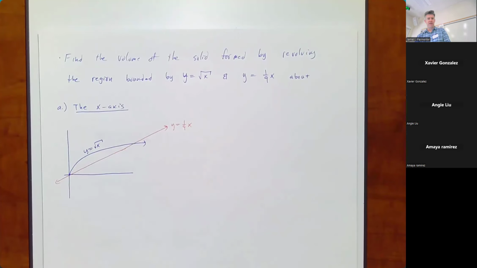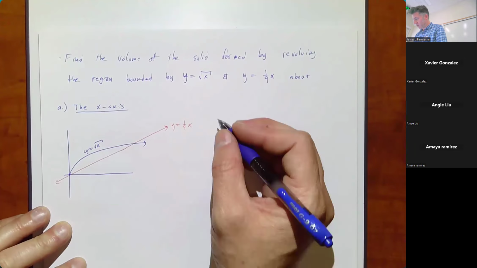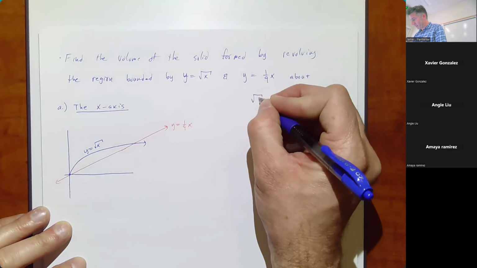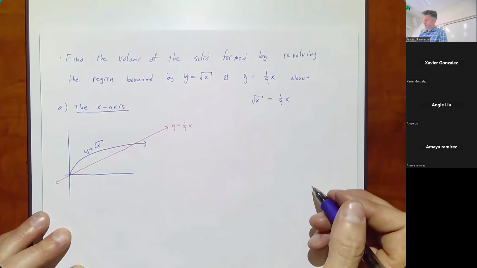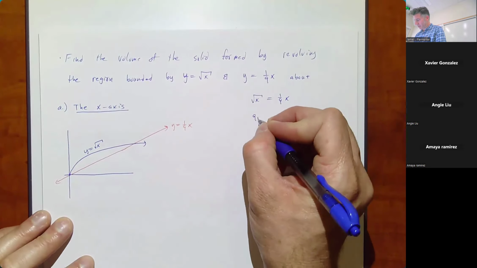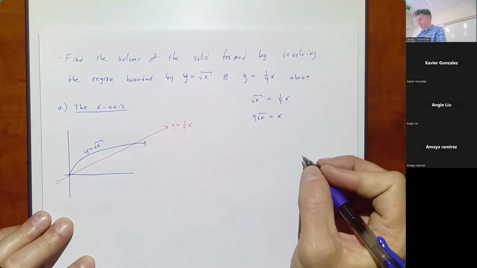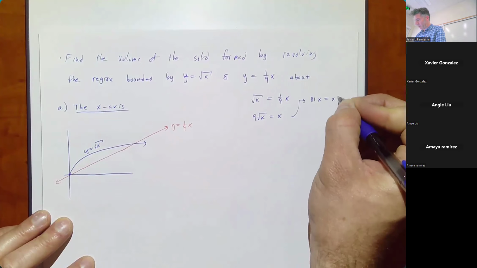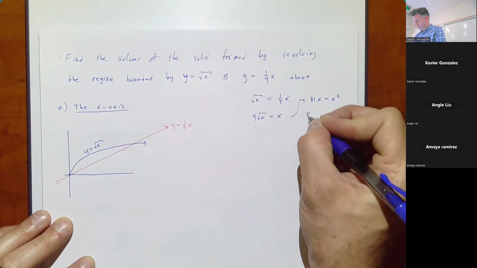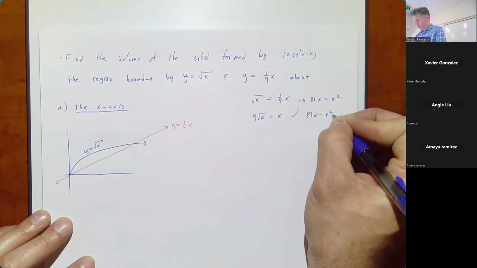And we could certainly find where they intersect. I actually don't know where they intersect. So here it might be worthwhile to just set them equal to each other. If we set square root of x equal to 1/9 x, I would multiply both sides by 9 first and say 9 root x equals x, and then square both sides and get 81x equal to x squared, and then 81x minus x squared equals 0.